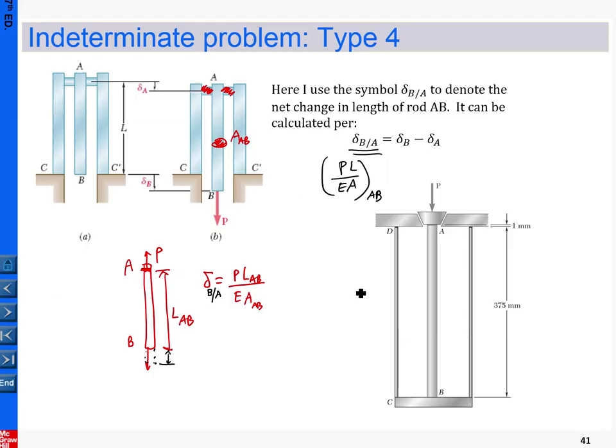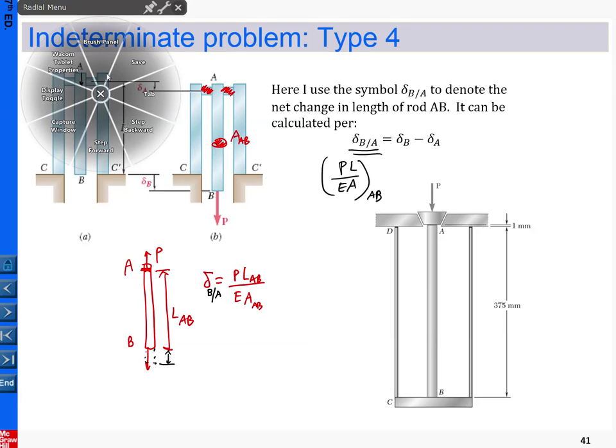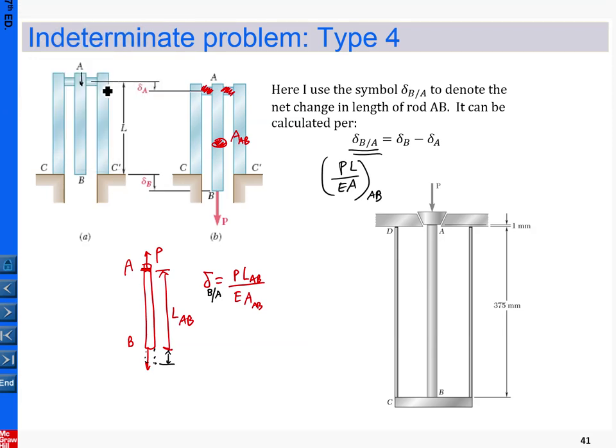And because for this case you can see A is also displaced, A will move downward, and the amount is determined by how much C is displaced downward. So for each side of the portion here, say this is C prime, I pick up a free body diagram.